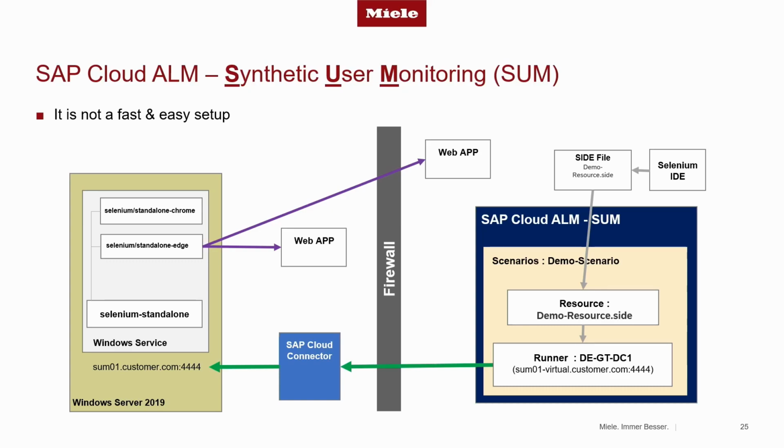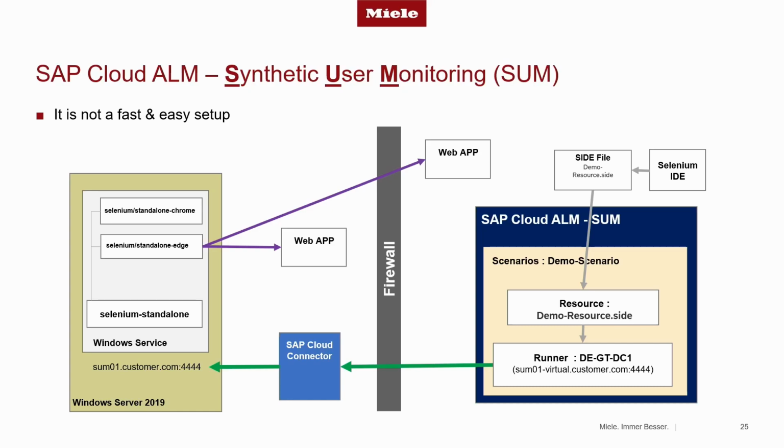And in the Cloud ALM, when you use the Zoom scenario, you have to create a scenario and you have to create a resource. The resource at the end is the script you recorded, where you have to prepare all the steps, which are the clicks and the typing in and the validation which the user normally does there.